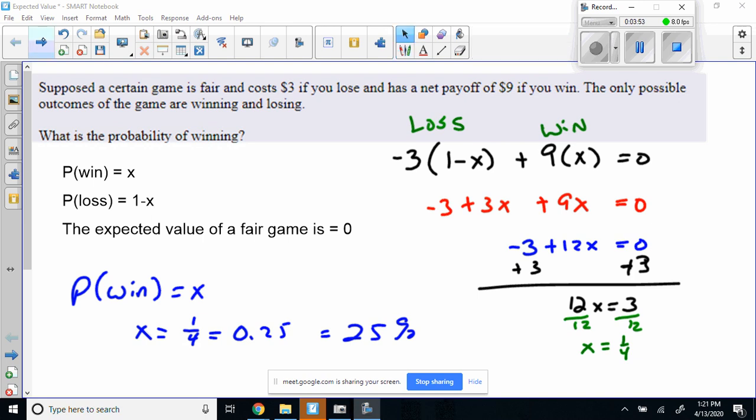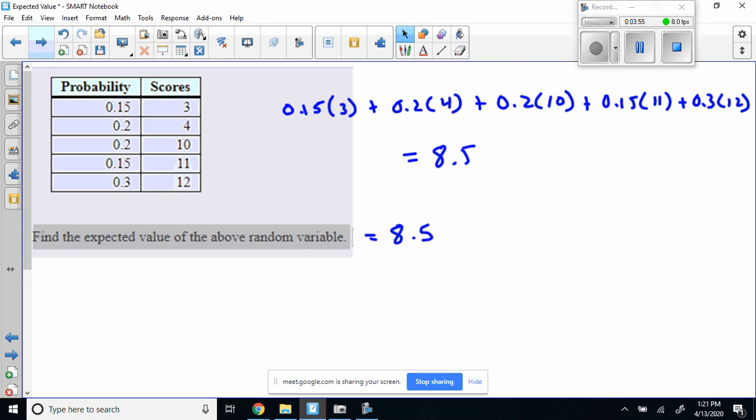All right. The table. The table is to me the easiest. And I'm going to put expected value as EV. Expected value is EV, right?